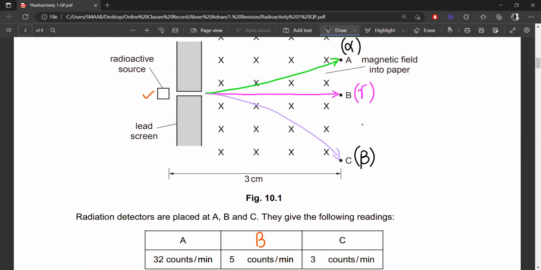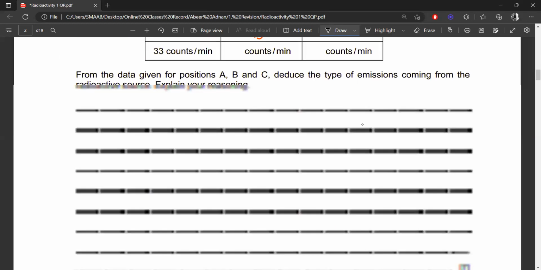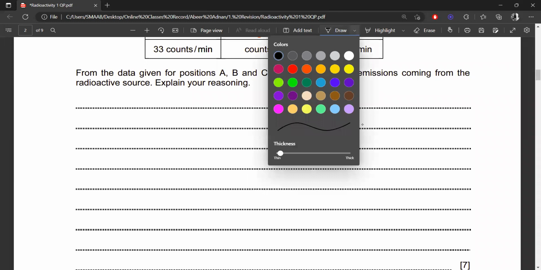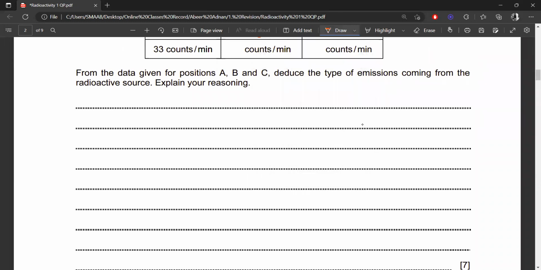We have to write with reasons also, because we have multiple lines here to write the answer. So let's start writing with their identifications. For the given data for positions A, B, and C, deduce the type of emission. First of all, we need to identify the type of emission.